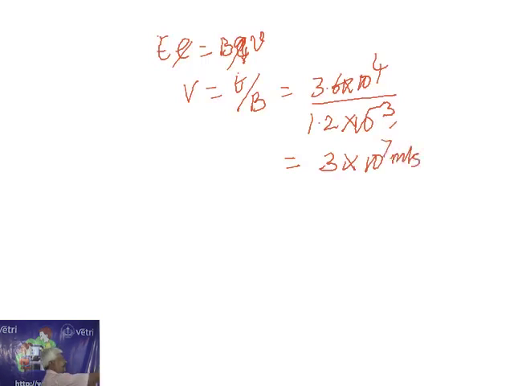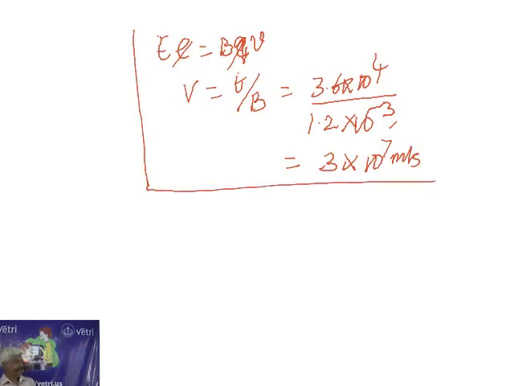This is the thing I have given in the previous classes, but this method is also in your 12th standard state board syllabus. So here both fields are applied, and because of both fields, we are able to find out the velocity.